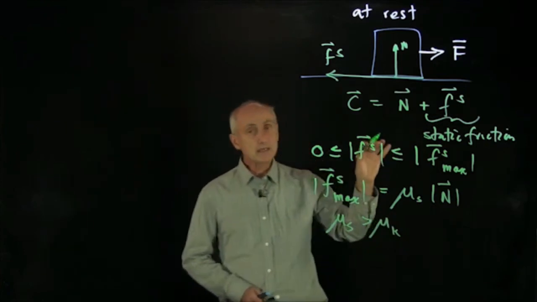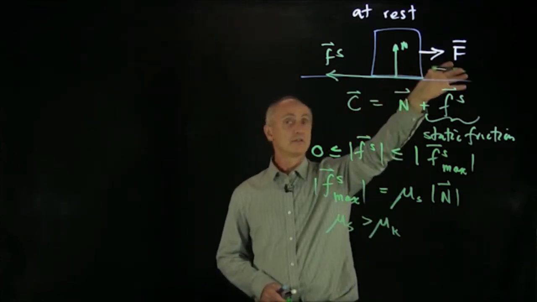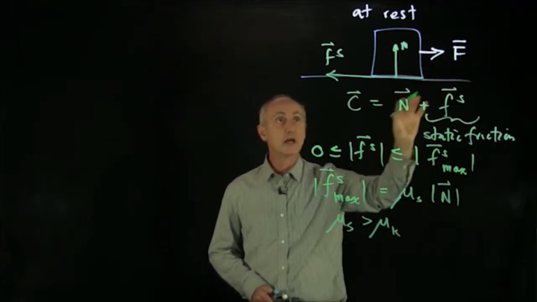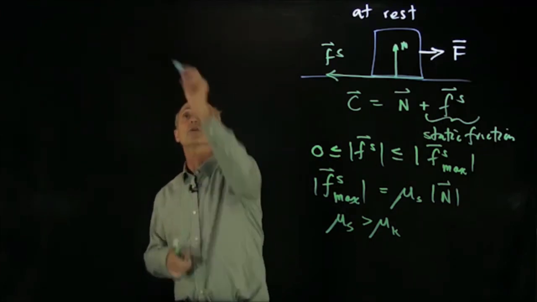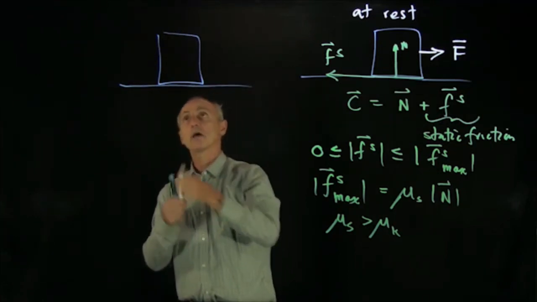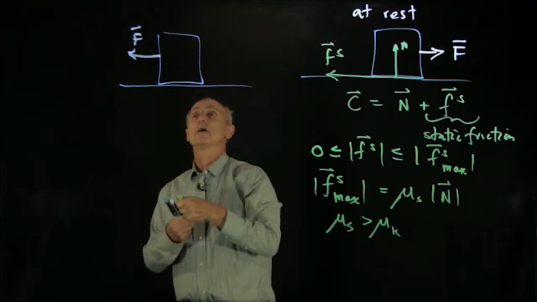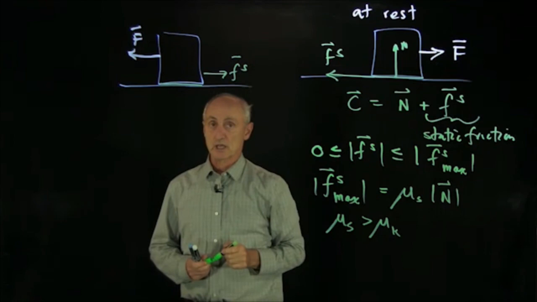Now, again, like kinetic friction, static friction is opposing this external force. And depending on the direction that the object moves, for instance, if we applied the external force in the opposite direction here, then the static friction that's distributed over the surface is opposing that force.